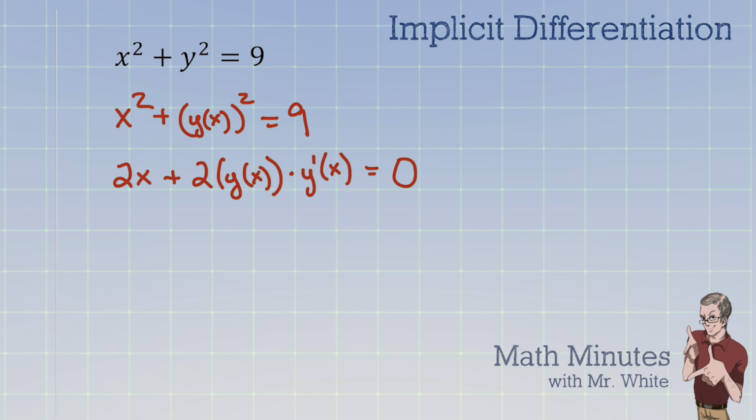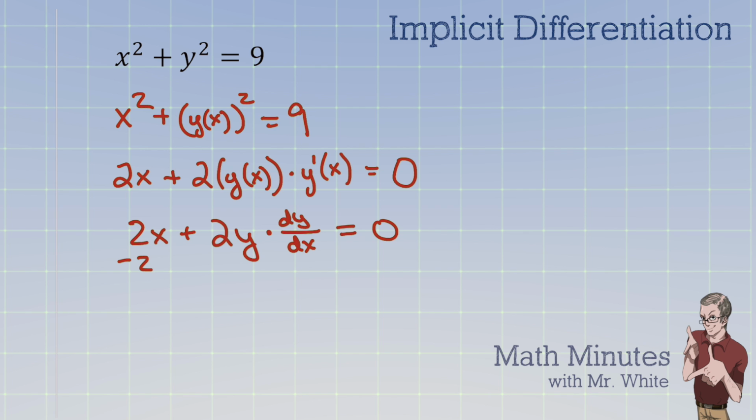Now I'm going to rewrite this so that it looks a little bit nicer. So we have 2x plus 2y, remember that was y to the first power, times, now I'm going to use dy dx here. So that's the derivative of y with respect to x, equals 0. So we're real close. We want to isolate that dy dx, and that'll be our derivative.